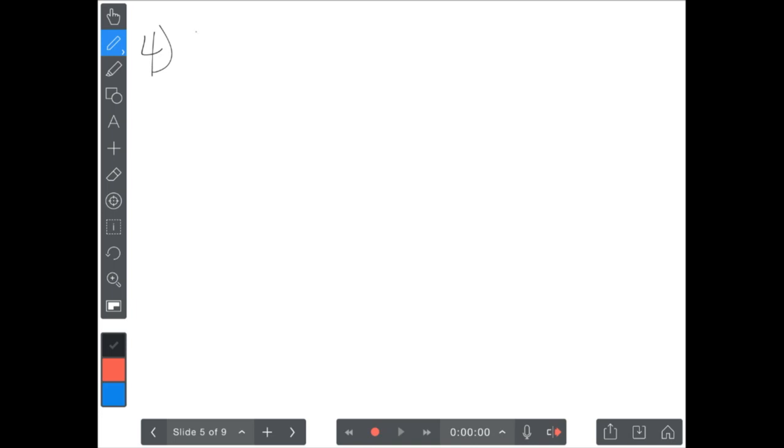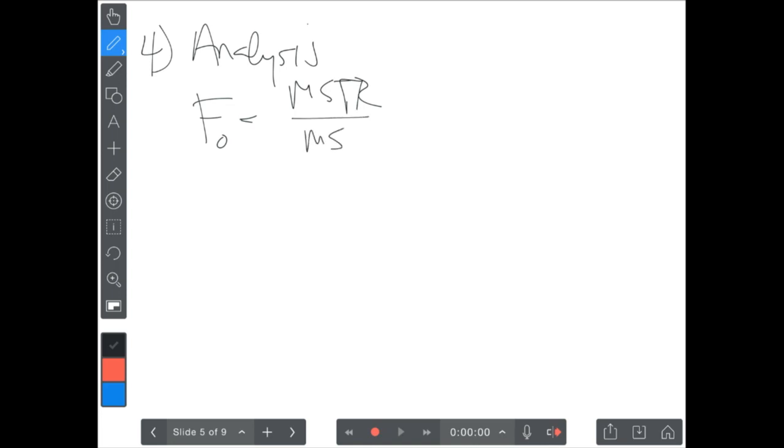In step 4, we do the analysis, and we're going to want to calculate our F value, which is MSTR, mean square due to treatments, over MSE, which is the mean square due to the error. Now, the mean square due to treatments, MSTR, is given by SSTR over K minus 1. So that's a sum of squares over the degrees of freedom.